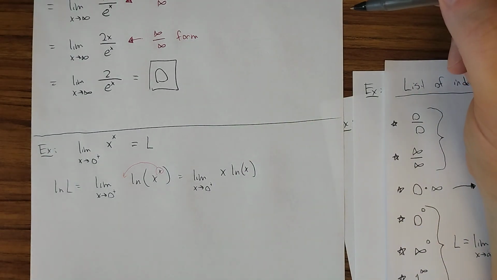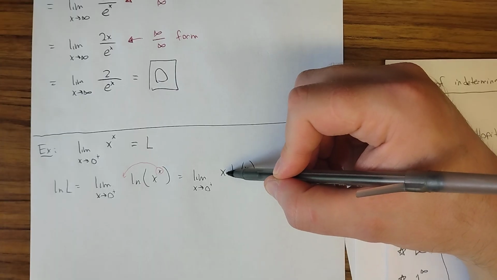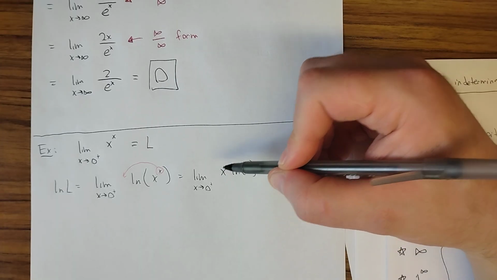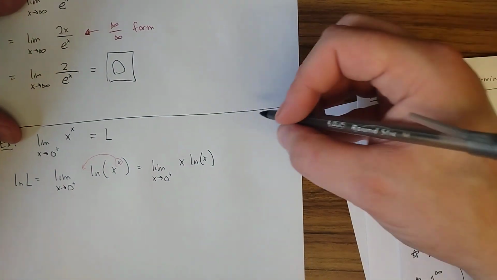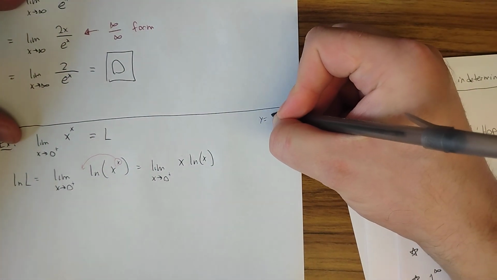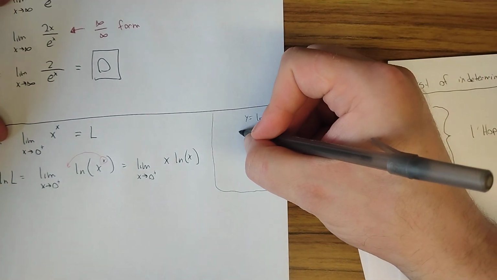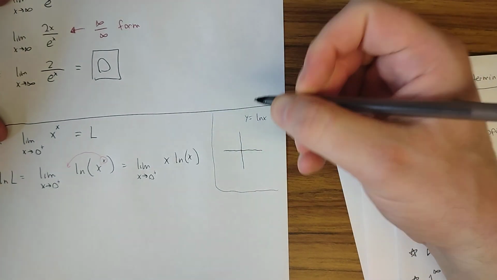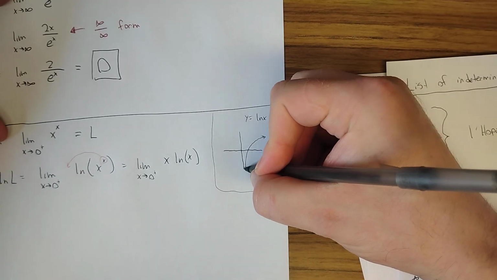And now this new limit is supposed to be, well, I guess in this case, x is going to 0, so this one's going to 0. ln x, as x goes to 0, let me just draw a little not so great picture of the graph of ln x just to jog your memory.